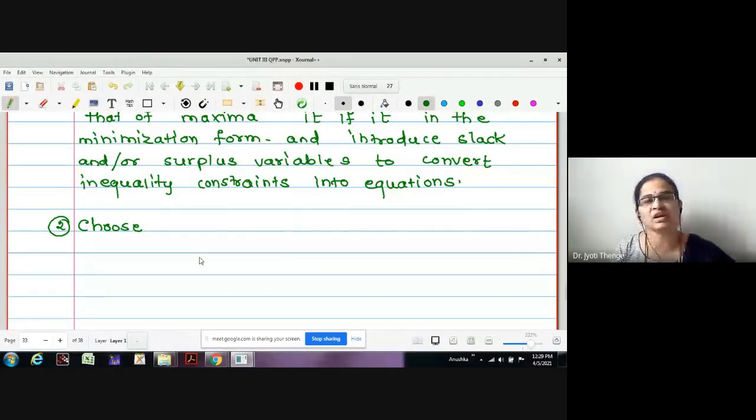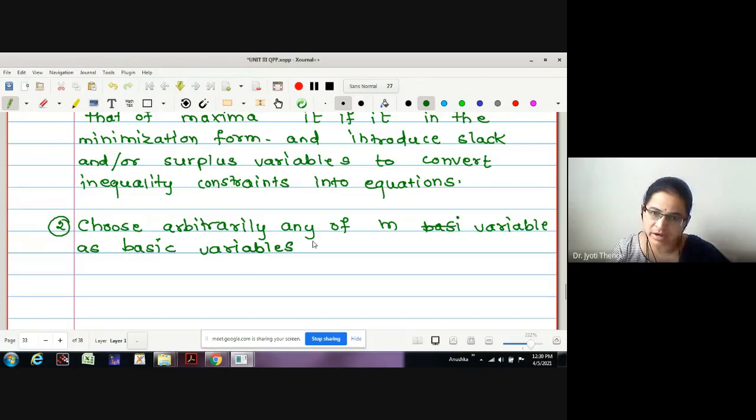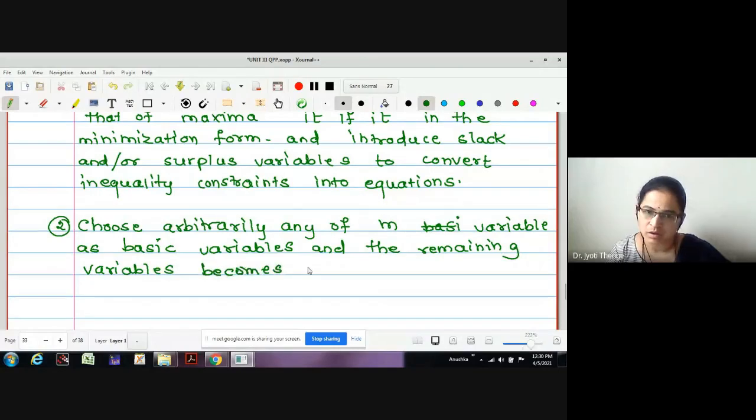We have to choose arbitrarily any m variables to be the basic variables, and the remaining variables become non-basic.